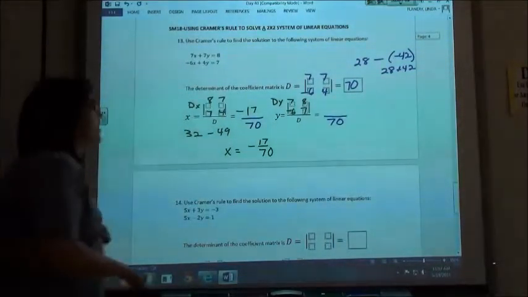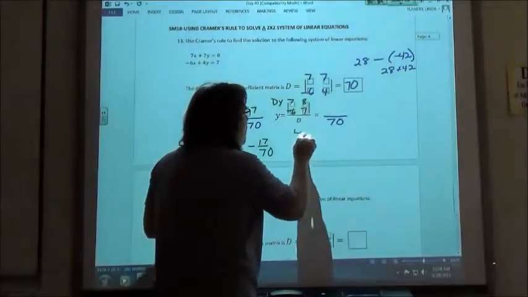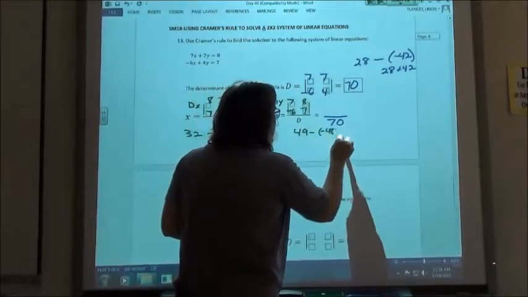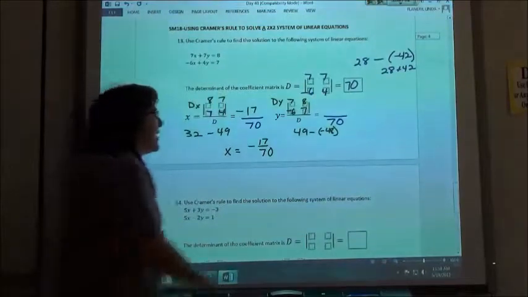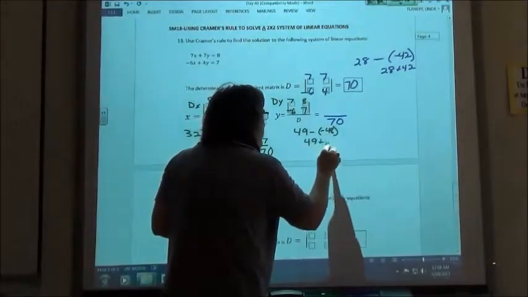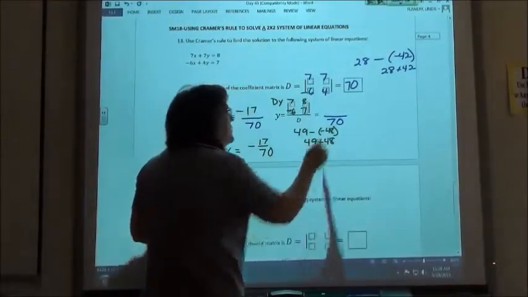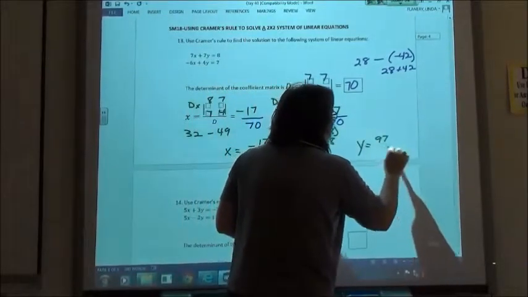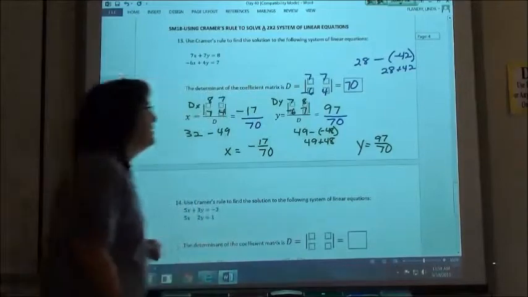And so if I do my cross products, I'm going to have 49 minus -48. So that means I have to take 49 plus 48, so that gives me 97. So y equals 97/70ths.